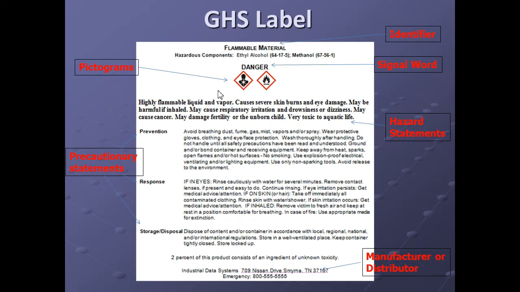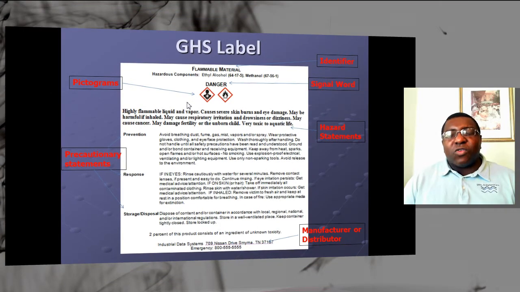After your hazard statement are 3 precautionary statements: one is prevention, one is response, one is storage and disposal. At the end of your labeling, you'll have the manufacturer information. All your GHS labels are going to look the same in this order. You won't have one where it gives you your identifier and right after it the manufacturer information, because that is not GHS compliant. So your GHS compliant labels will have these components in that order for every chemical you get.